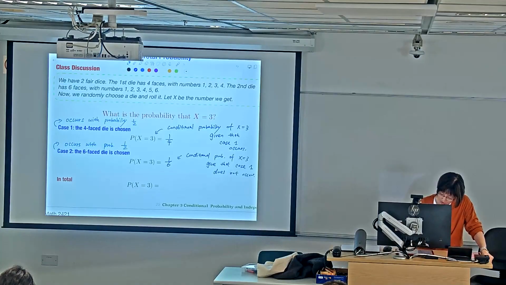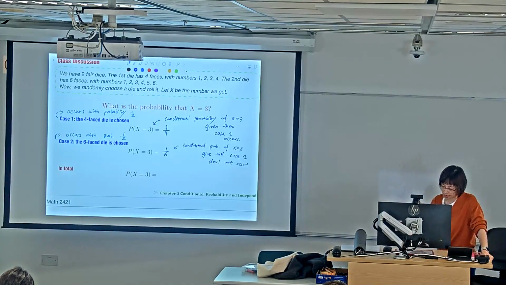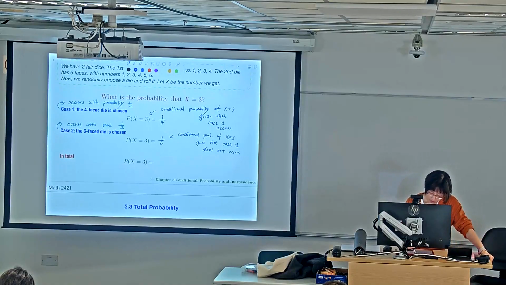Then how do we combine this together to find the probability of x equals 3? Naturally, first we need to count the chance case 1 occurs, which is half. Then multiply this conditional probability that x equals 3 given case 1 has occurred, which is 1/4.